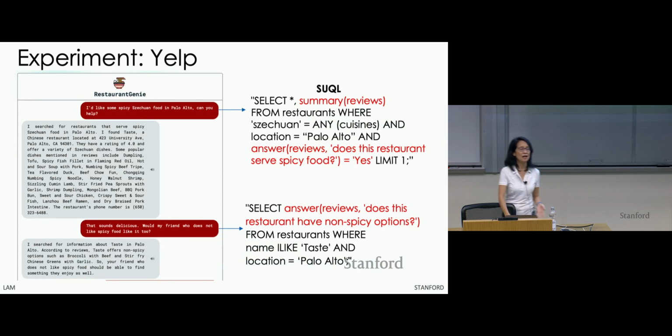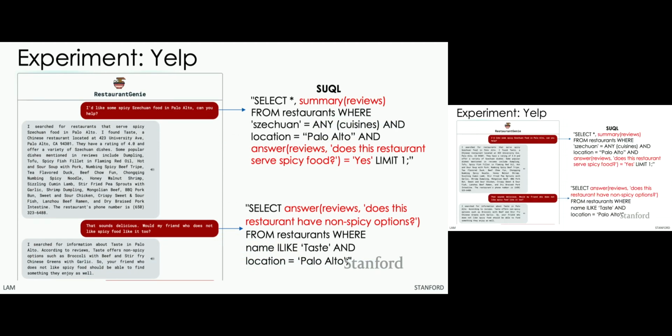This is just a very, very simple set of primitives. Now you can see the improvement here. Here's my colleague's question: I like some spicy Sichuan food in Palo Alto. Can you help? That is the query that we generate. We ask for the restaurant in Palo Alto that is Sichuan cuisine, and we ask among all the reviews, do we know if this restaurant serves spicy food?